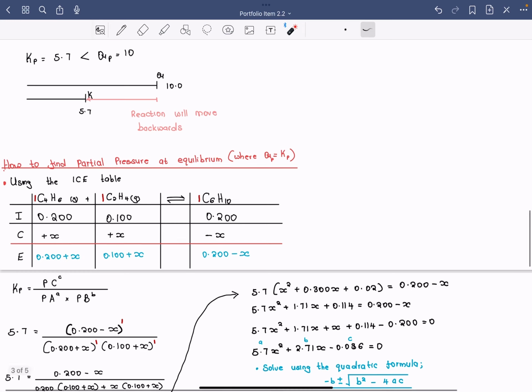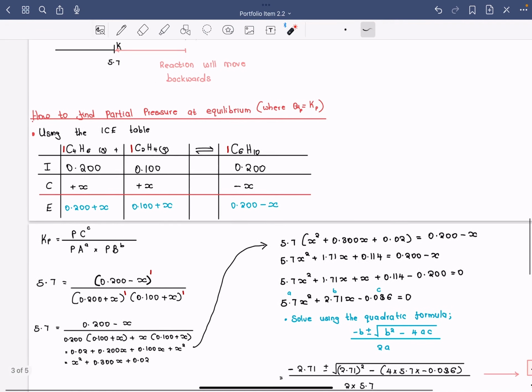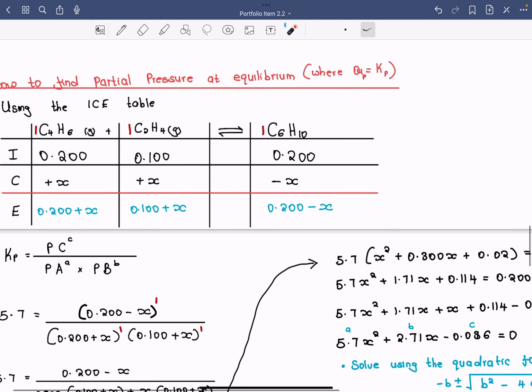At first, we start with the initial concentration, hence the I, and then we plug in the predictions of the change, which is represented by C, and by combining both of them, the initial and the change, we are able to find the concentration or the partial pressure at equilibrium, represented by E. So let's first represent our equation in this table.